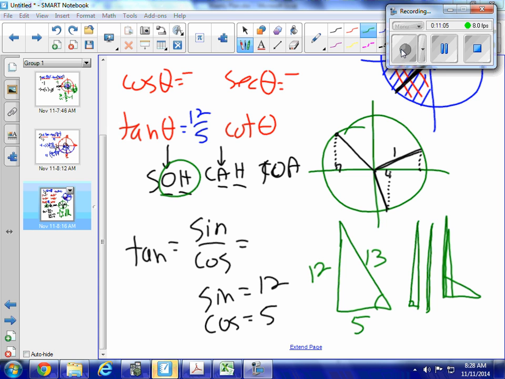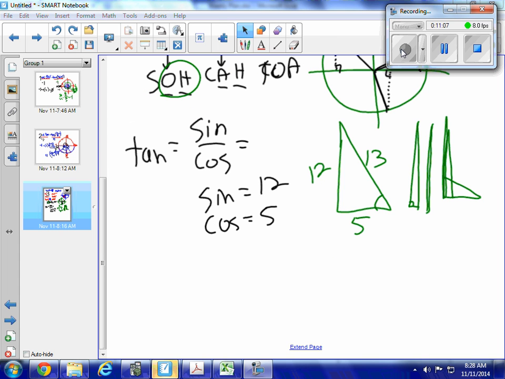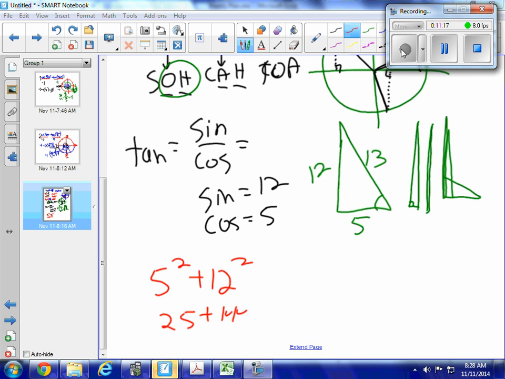I would find that by the Pythagorean theorem. 5 squared plus 12 squared is 25 plus 144, which is 169. That's equal to c squared. So c squared equals 169. c equals 13, the square root of 169. 5, 12, 13.